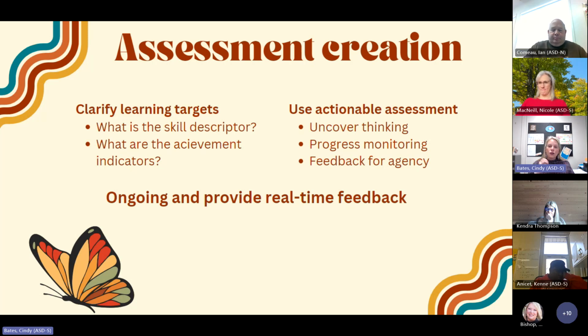What are the smaller chunks that are going to help me know that this student has met expectations for this skill descriptor, keeping in mind that a learner does not need to excel at every achievement indicator, nor do you need to evaluate each of them in order to use your professional judgment to know whether or not a learner is capable of achieving this skill descriptor.